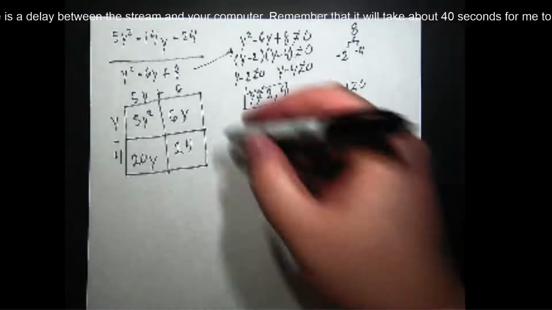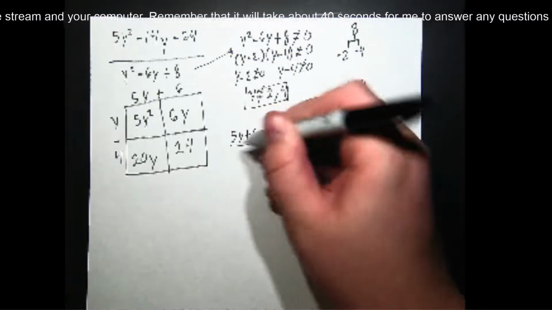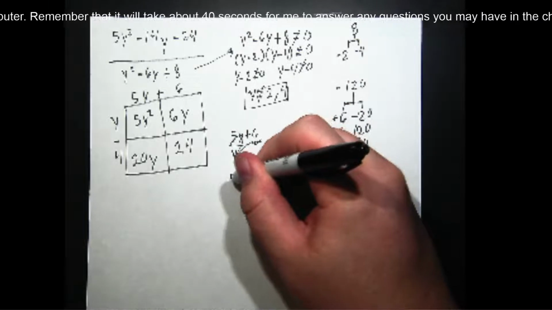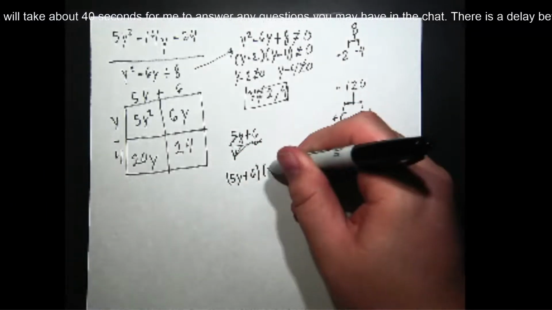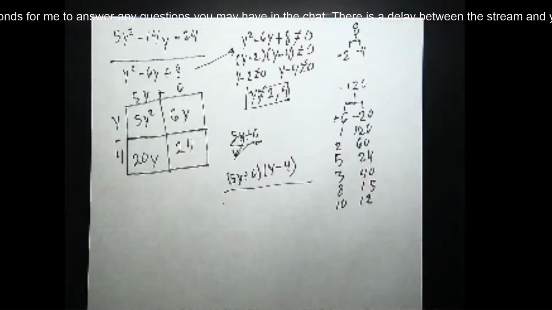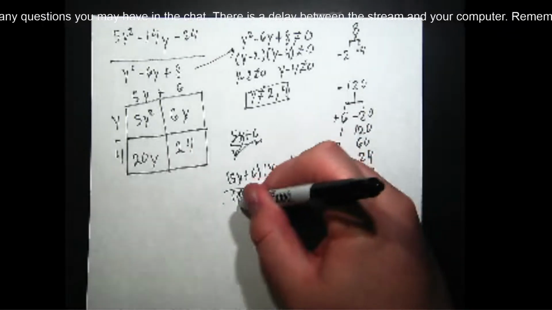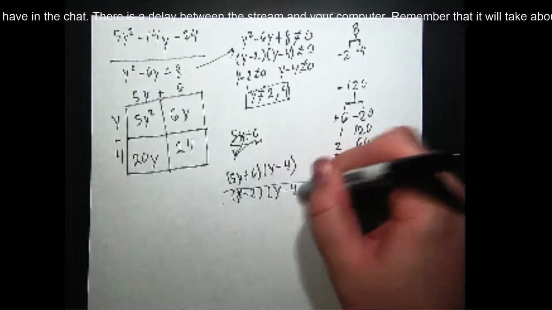So our two factors are 5y plus 6 times y minus 4. And then, of course, we factored the previous one on bottom, and we got y minus 2 times y minus 4.